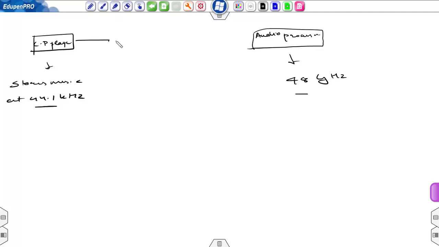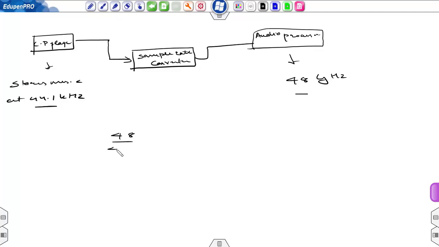I have to use a sample rate converter, whose output will be given to the audio processor, and the factor by which the sampling rate should be converted is 48 divided by 44.1, that is equal to 1.0884.